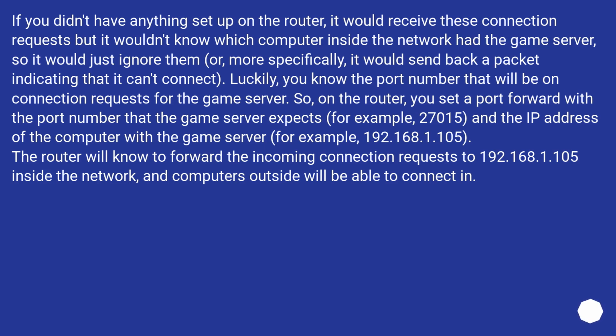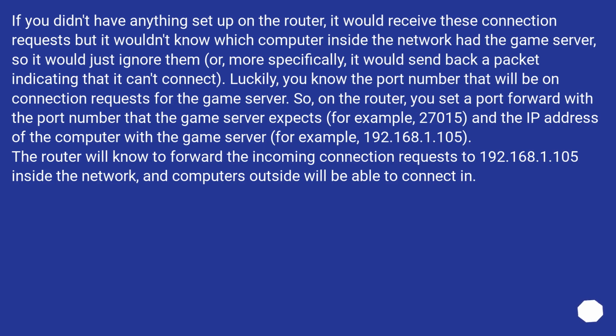If you didn't have anything set up on the router, it would receive these connection requests, but it wouldn't know which computer inside the network had the game server, so it would just ignore them, or more specifically, it would send back a packet indicating that it can't connect. Luckily, you know the port number that will be on connection requests for the game server.